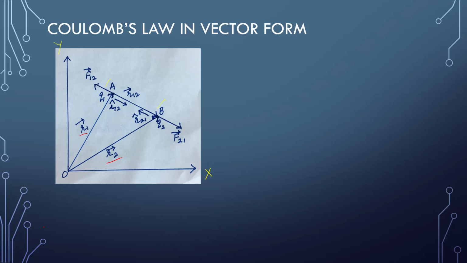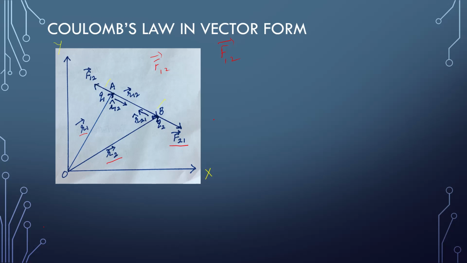Now the force F vector 12, let me write it here. This is the force on the charge Q1 due to the charge Q2, and F21 vector, that is this one, is the force on the charge Q2 due to the charge Q1.